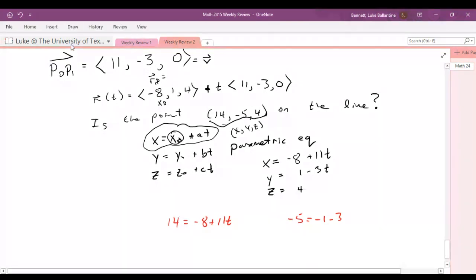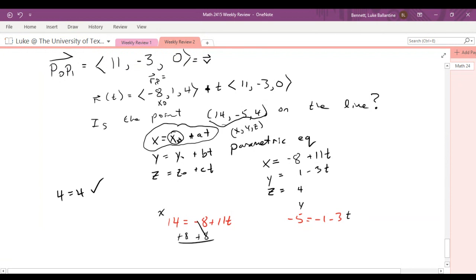We have 4 equals 4 for the z, so that checks out. This is our x, and this is our y. So let's solve for t, and if t is equal to t, then we're good. Plus 8, plus 8.